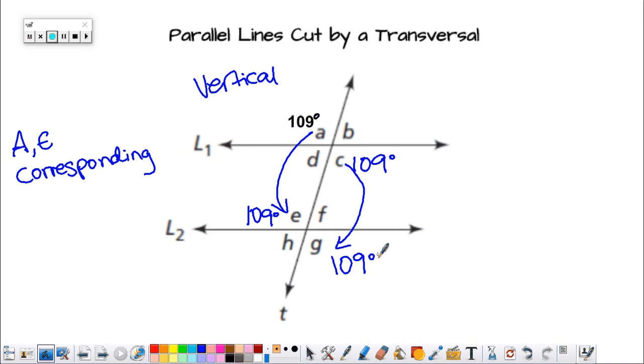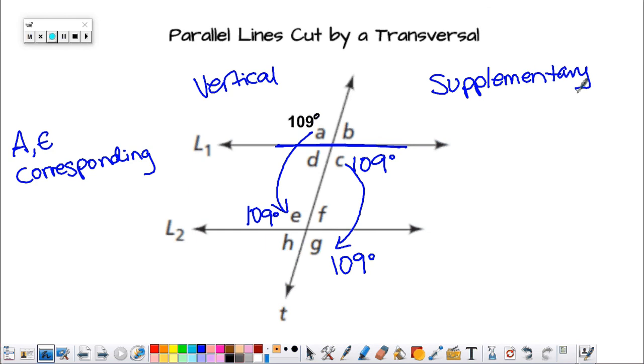Alright, so I've got half of my angles completed. Well, how am I going to figure out what B, D, F, and H are? Well, I can look at this straight line right here. Remember we talked about supplementary angles. Supplementary angles add to equal 180 degrees.